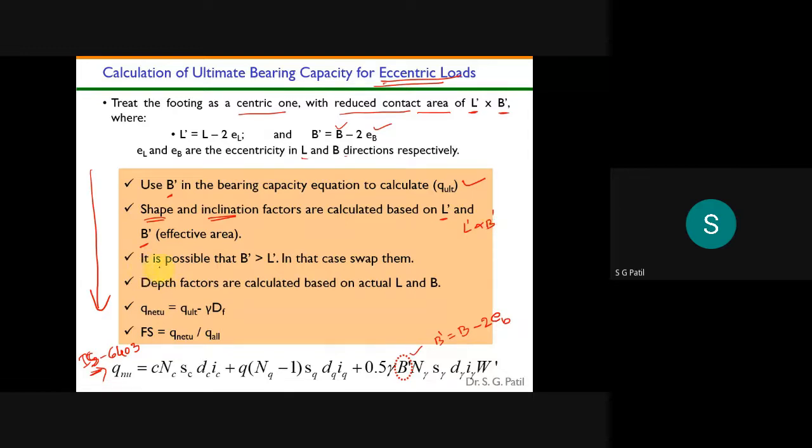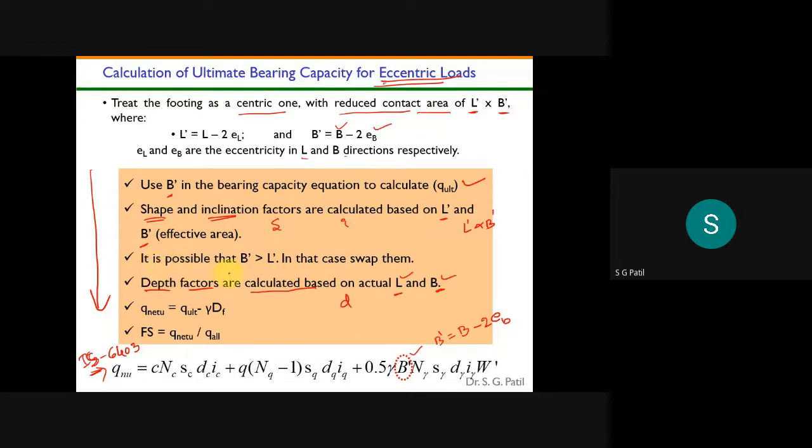But while calculating the depth factor, I will use L and B. I won't use L dash and B dash here. I will use total length and total breadth, not the reduced length and reduced breadth. I will use reduced length and reduced breadth to calculate the shape factor and the inclination factor, but for the depth factor, total length and total breadth.